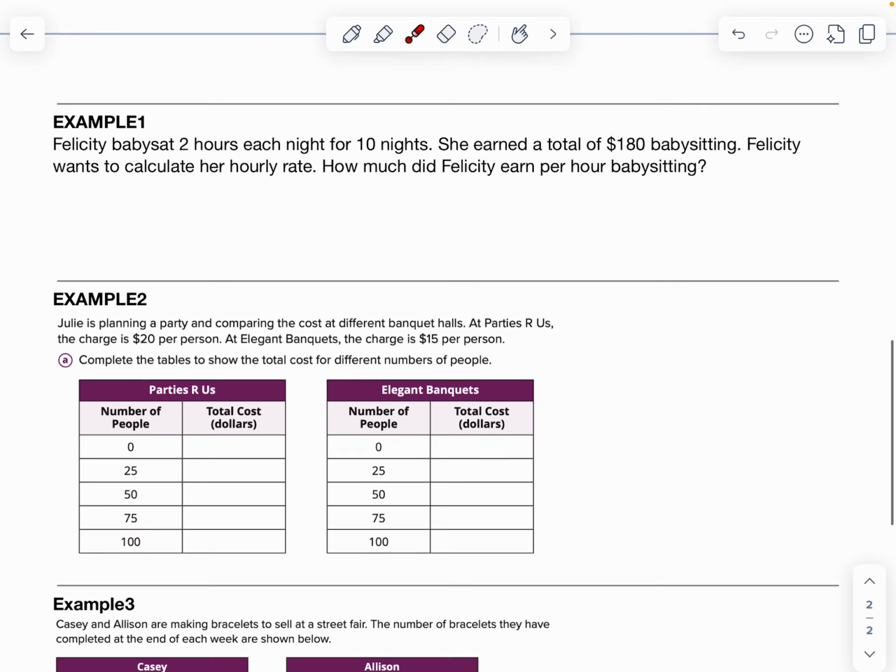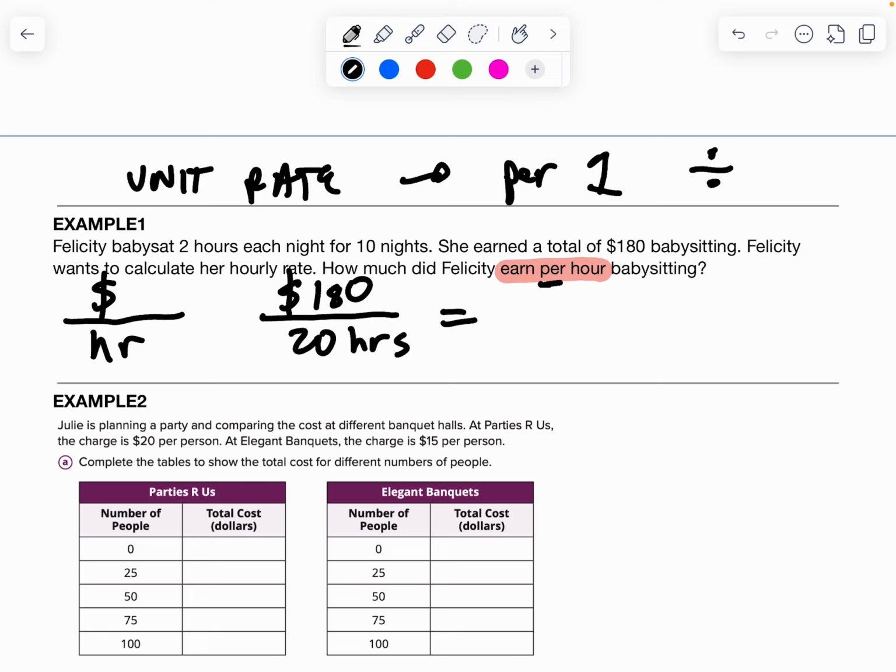So we've got 2 hours each night for 10 nights. She worked a total of 20 hours and she made $180. So we're going to put the $180 on top and the 20 hours on bottom. If we take 180 divided by 20, this is equal to $9 per 1 hour.